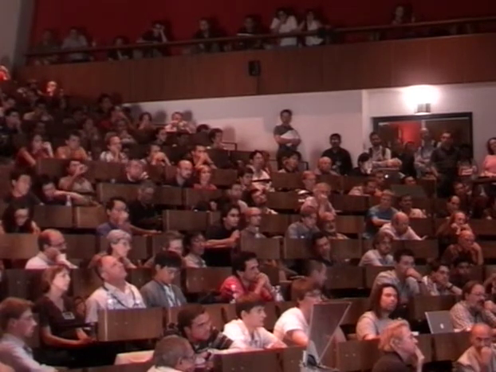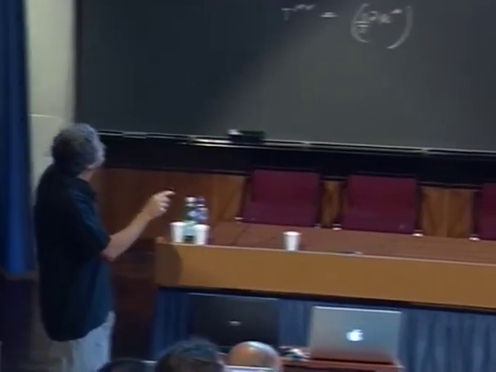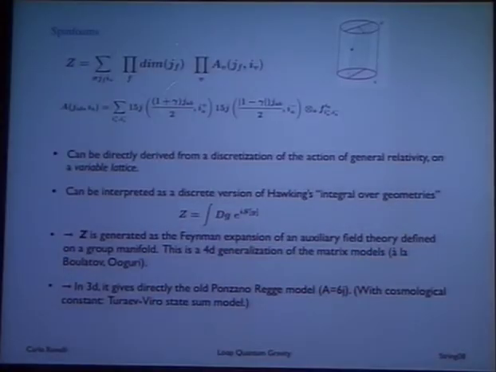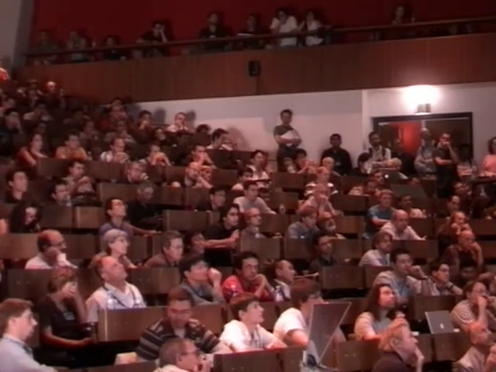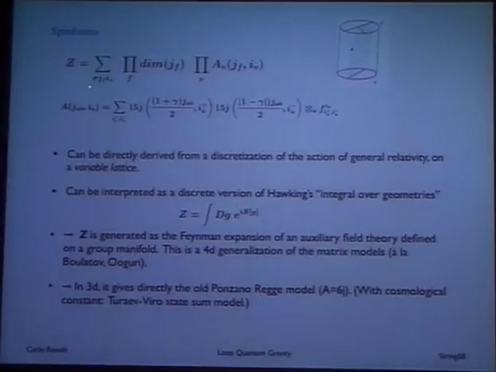Now, let me answer a little bit more precisely. This is the covariant definition of the theory. As I said, this resembles a lot the Ooguri quantization of BF theory. Now, in that theory, there is no sum over the two-complex.